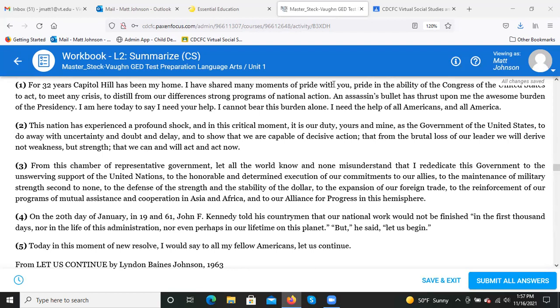So what can we say about paragraph 1? If we look at the end, it says, I am here today to say I need your help. I cannot bear this burden alone. I need the help of all Americans and all America.